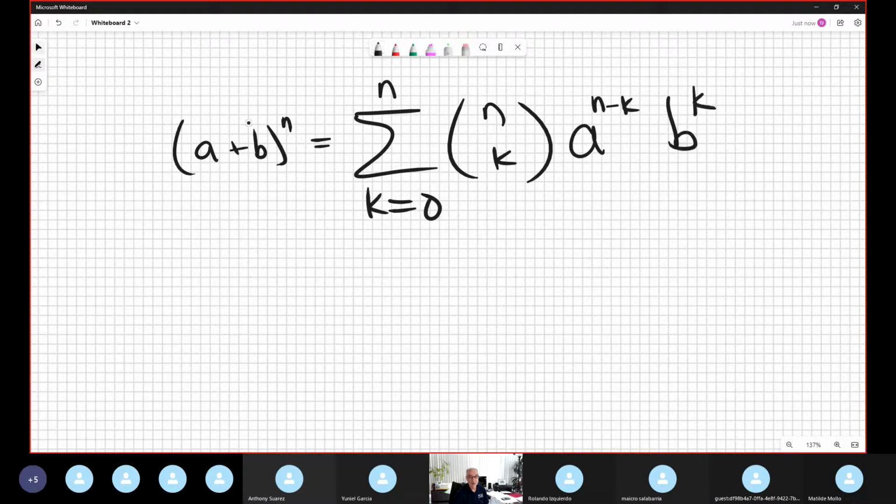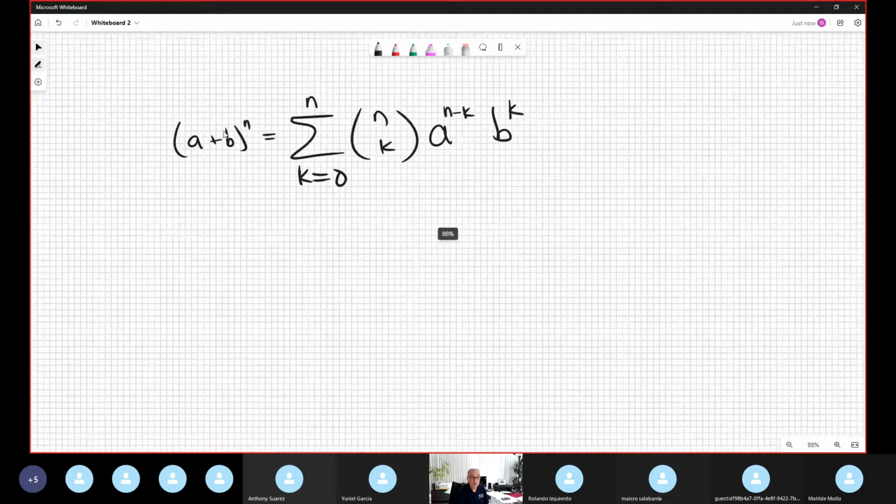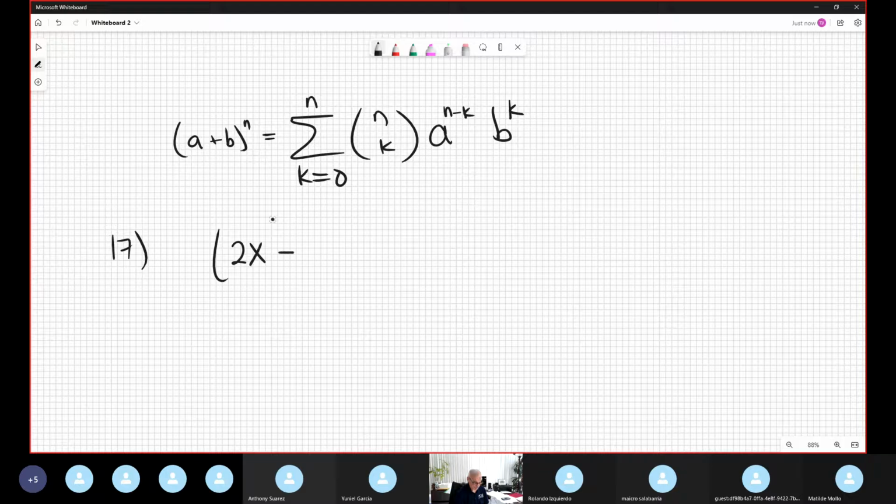That's the formula for Newton. In this case, in question number 17, they want you to expand this binomial, (2x plus 3) to the fifth power. You consider that a is 2x, and you consider that b is 3.